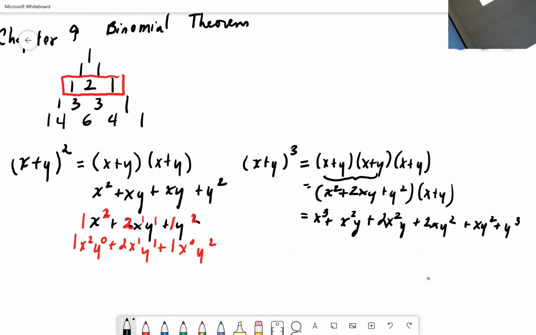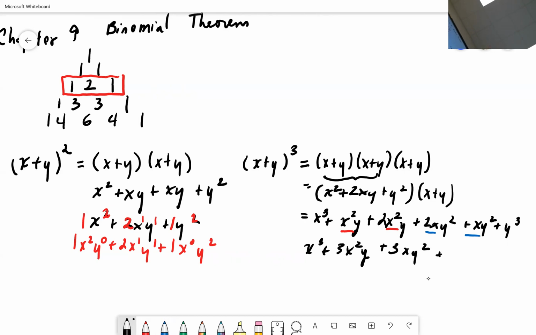And we begin the process of combining like terms. I'll go ahead and begin with the x squared y. So we have x to the third plus, looks like it's going to be 3x squared y. Then we have these two, and that adds up also to 3xy squared.